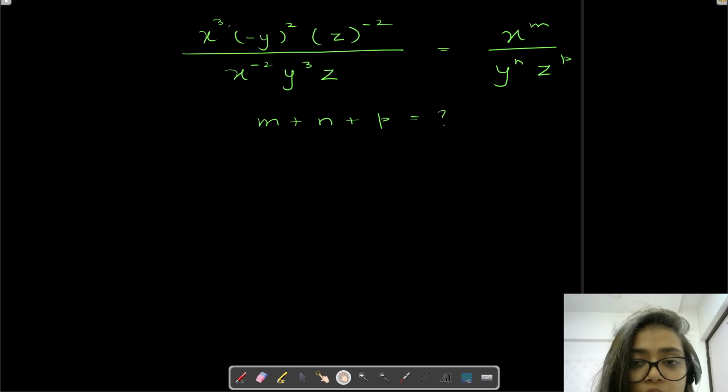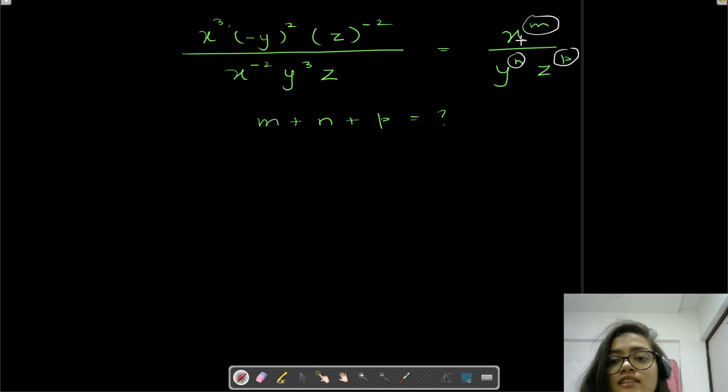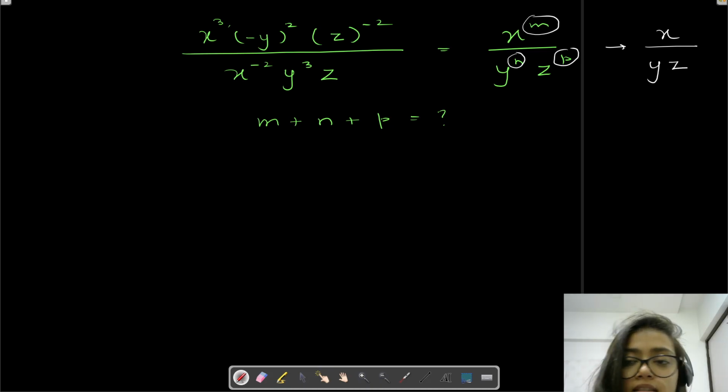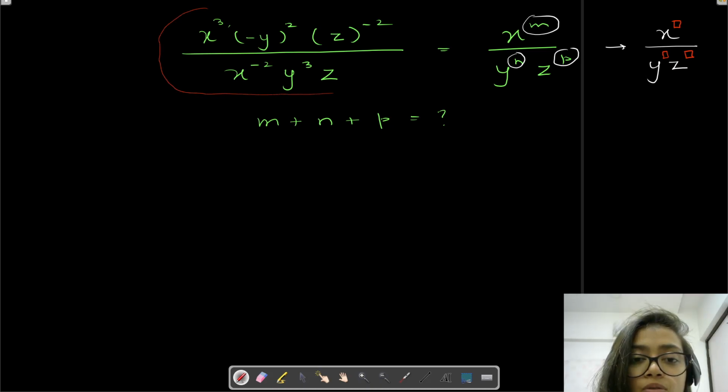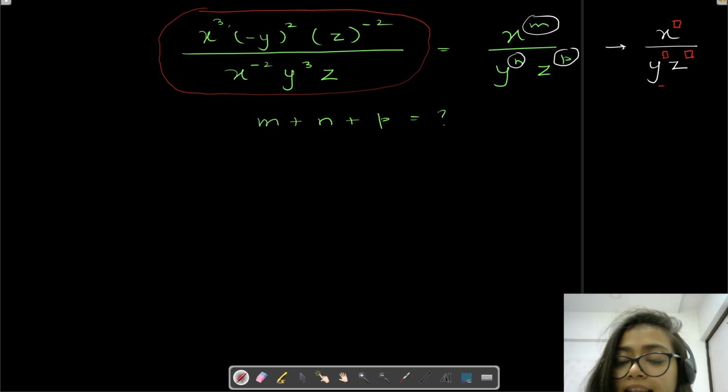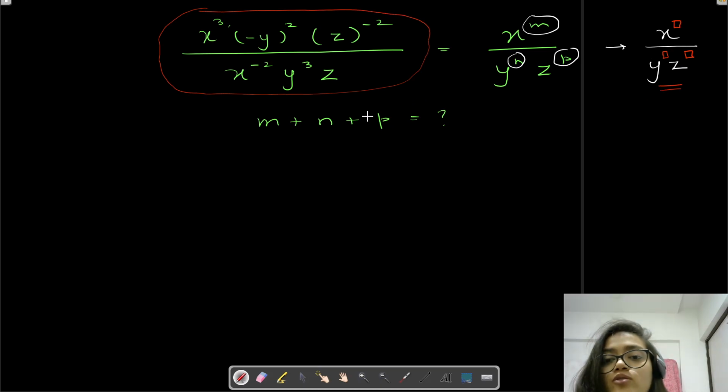Okay, I hope you solved this question. Now, in order to find out the value of m plus n plus p, first of all we see that m is here, n is here, p is here. So if I'm able to get everything on the left hand side in this format, x over y times z, where x has some exponent, y has some exponent, and z has some exponent, then obviously I'll get the values of m, n, and p.